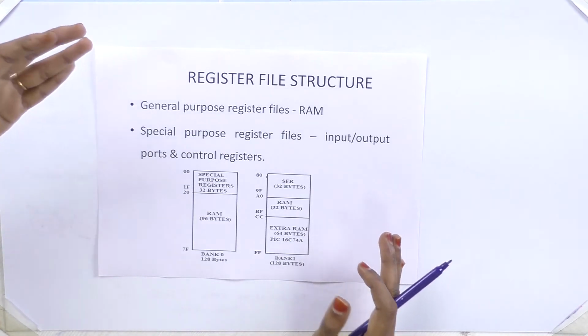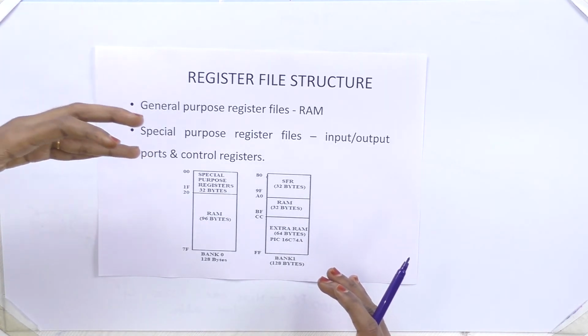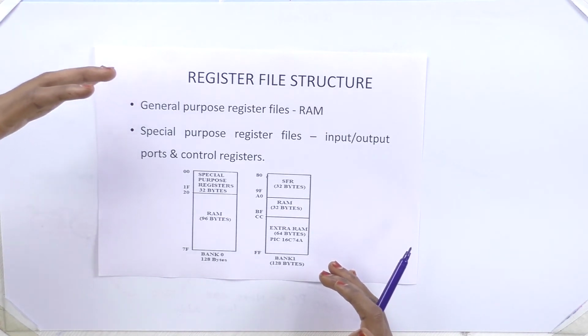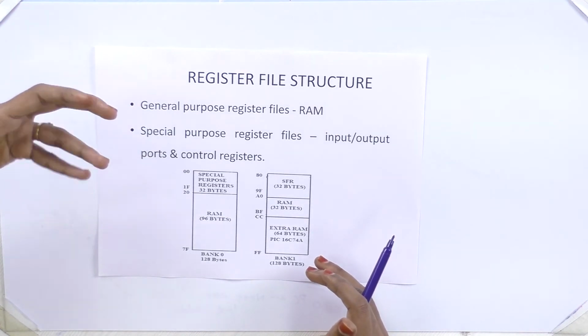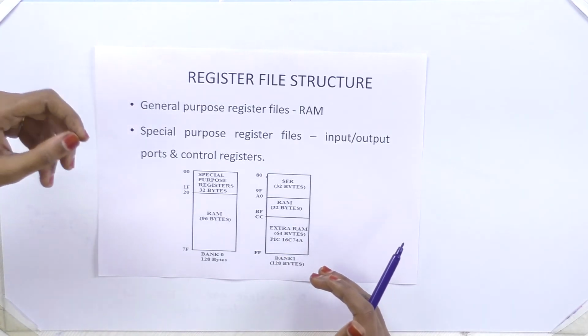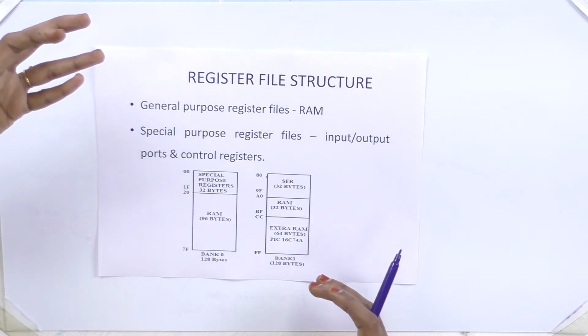Here, each and every location of the RAM memory is used as a general purpose register. In PIC, the special case is that each and every register is named by its address. This is special here in the controller.